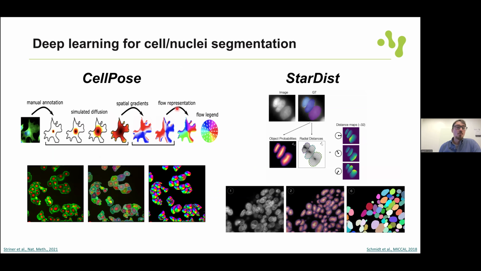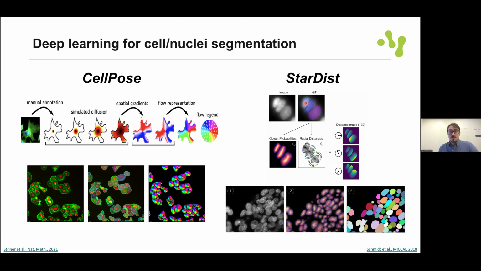There are a couple of very well-known deep learning models out there, like CellPose, for example, that works very well on several different types of images. It will estimate the flow, or how the intensity flows from one pixel to another, and that's what it uses to segment cells afterwards.